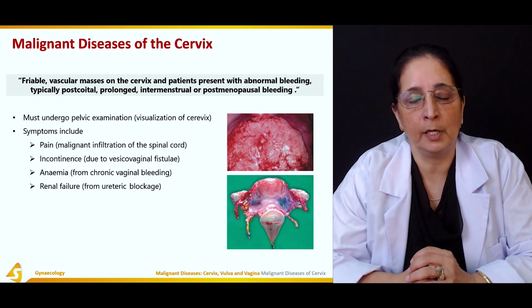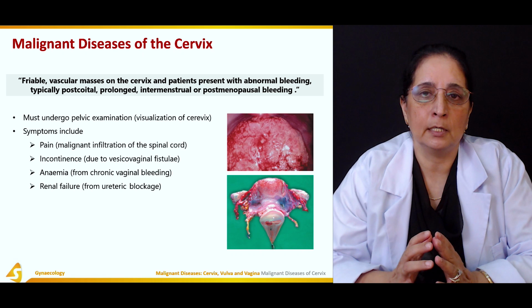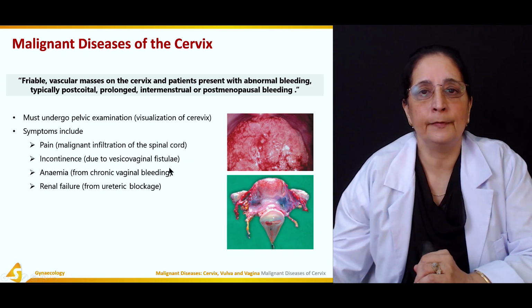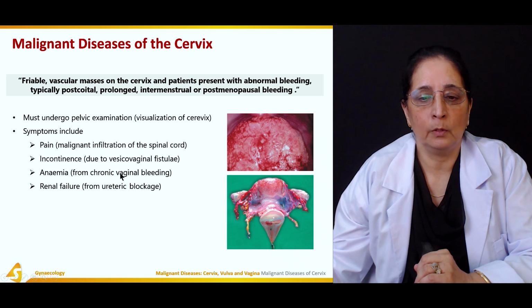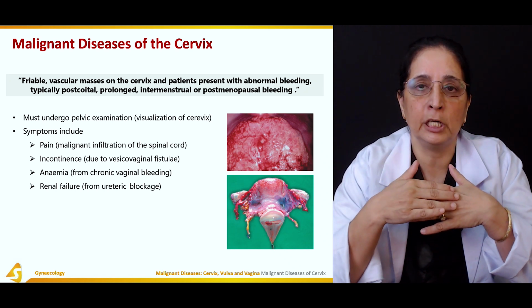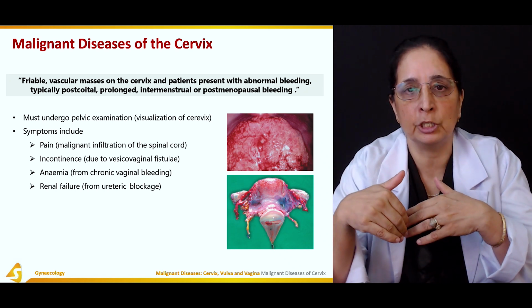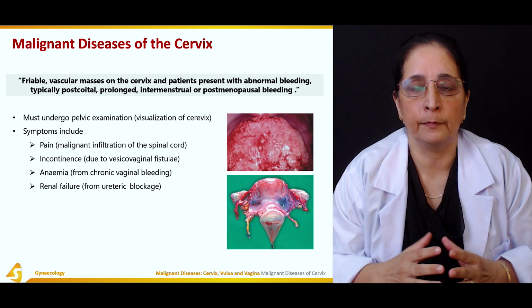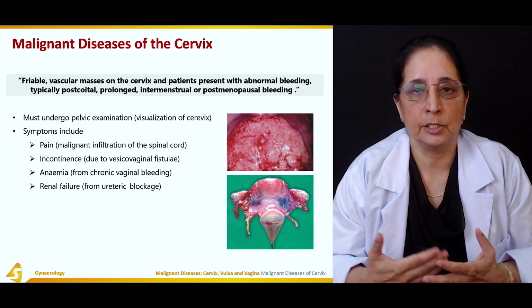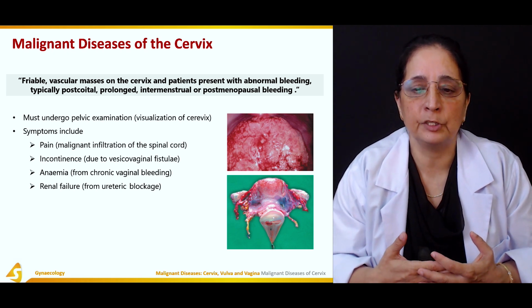Incontinence of the urine is due to vesico-vaginal fistula. Vesico is for the bladder; the fistula is a communication between the bladder and vagina. As a result there is incontinence of urine, or discharge of urine from the vagina.